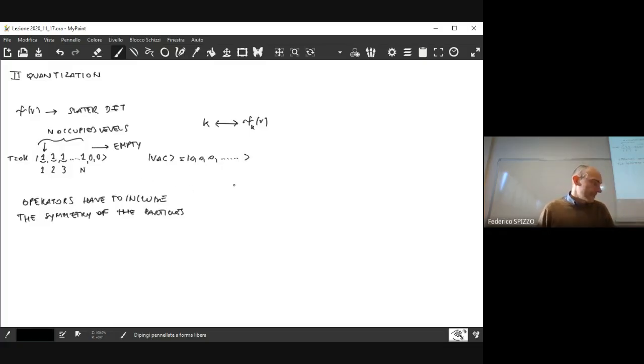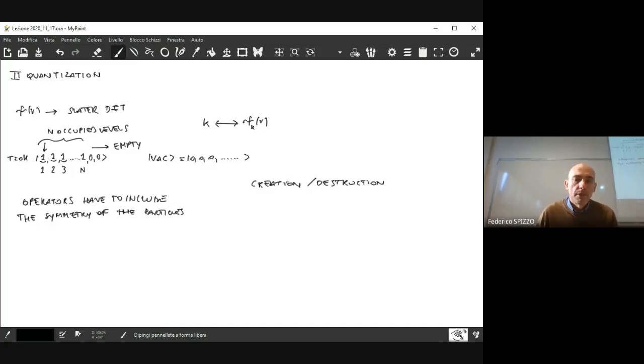So just two operators are needed to discuss all the properties of the electrons and to represent the energy, velocity, and so on of the system. And these two operators are called the creation and the destruction operators.